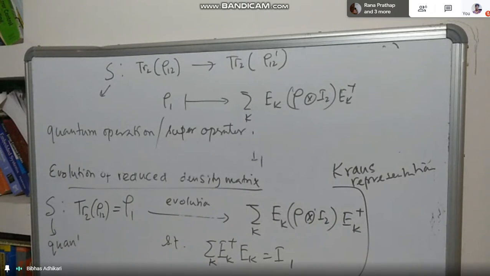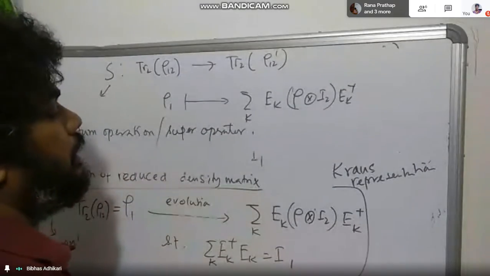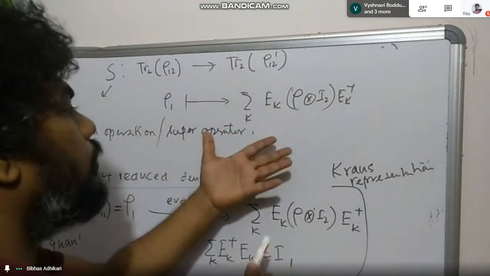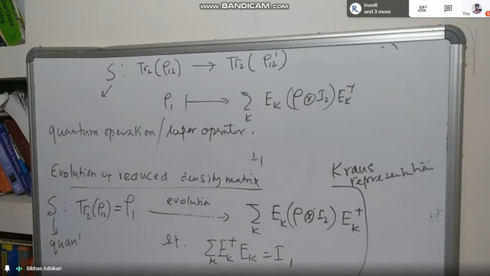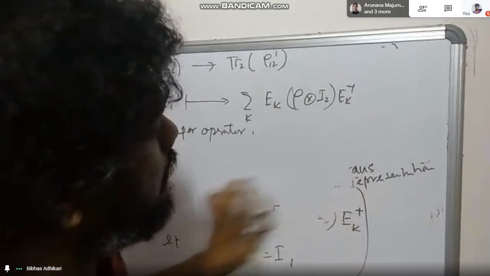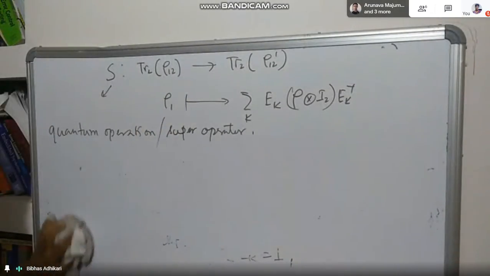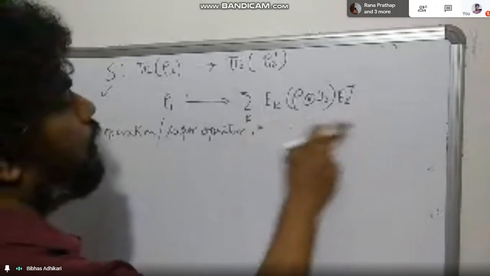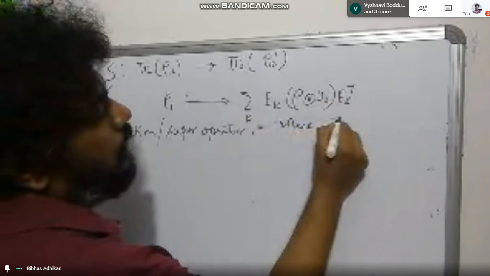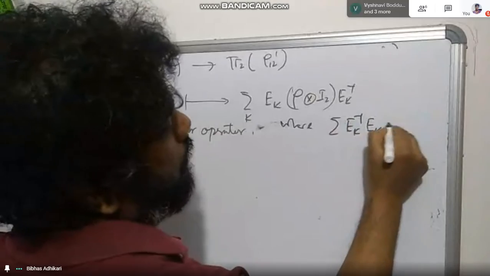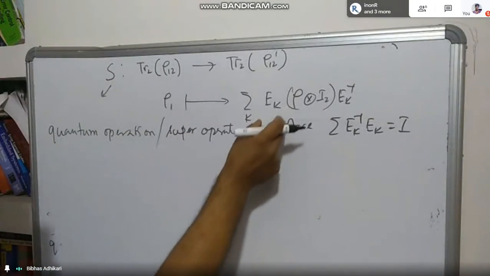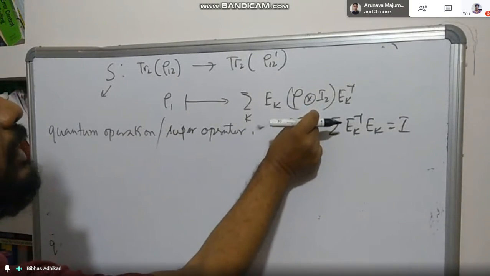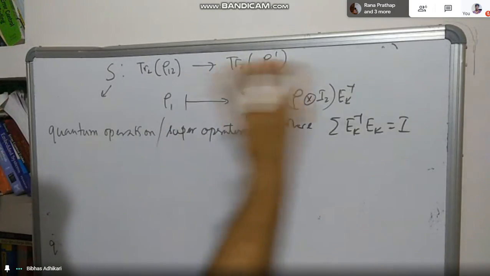Then what remains to show is that this essentially is a density matrix. That means this evolves to this, but this is also the reduced density matrix. So you can also check that this has all these properties. This is just homework, where the sum of E_k plus E_k is equal to identity. So if you consider any such collection of matrices E_k, put a density matrix here, multiply and take a sum, that will give you an evolution.